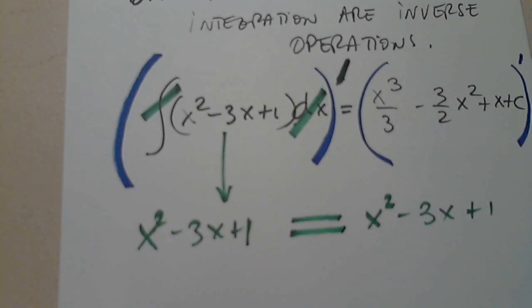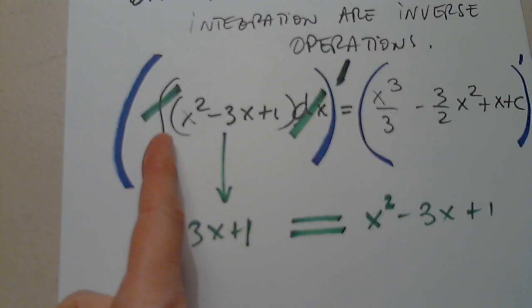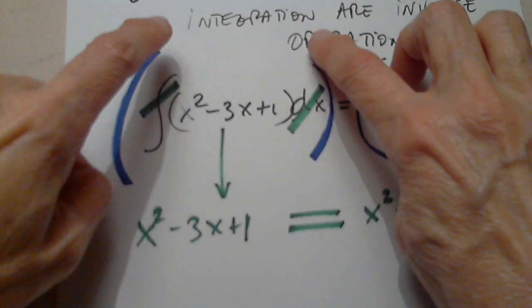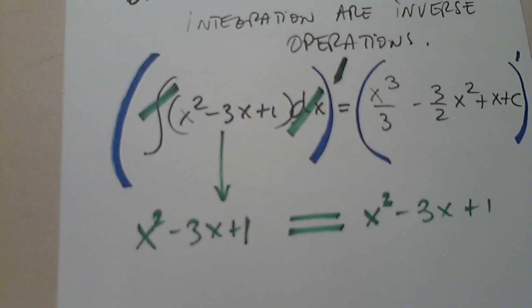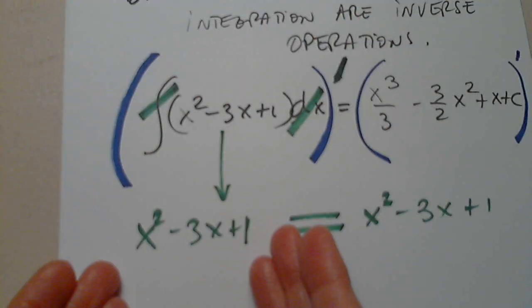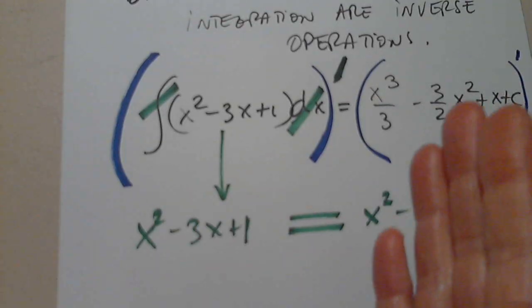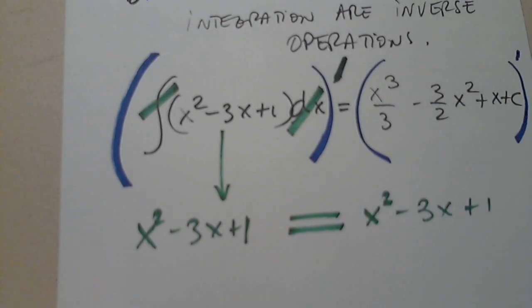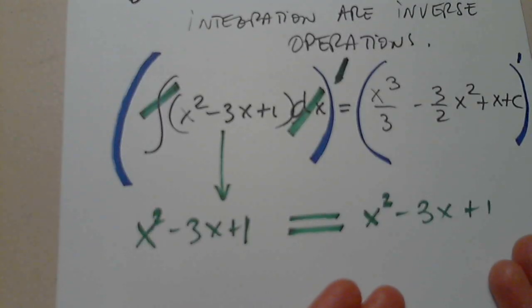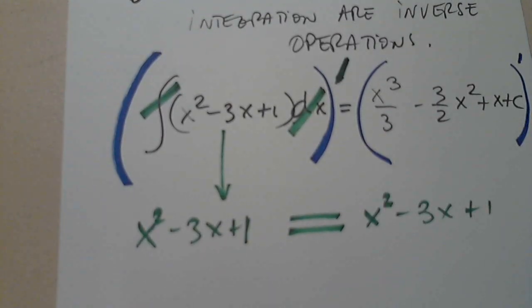I can always check the result of an indefinite integral by differentiating both sides. The left-hand side cancels, and everything goes away except the function. And on the right-hand side, I differentiate and I have to get the function. Otherwise, the result was incorrect.